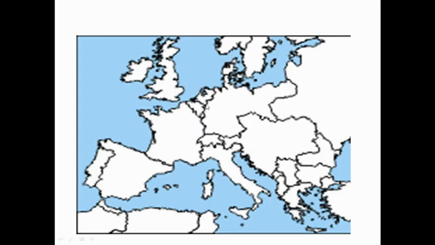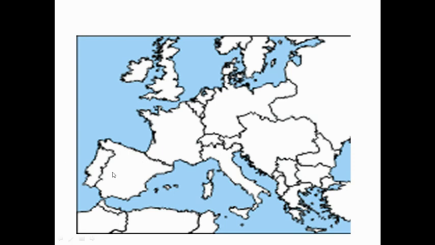When you've done that, this copy of the map without colours on, you can print one of these off from the school website and colour these in the same colours. So choose a colour for Britain with France and Russia, because they were all on the same side. And then choose another colour for Germany, which is here, and Austria-Hungary, because they were on the same side. And then some of the other countries were neutral.